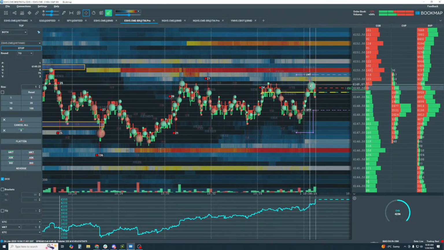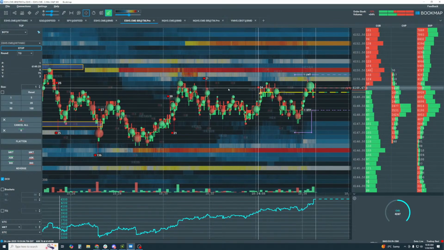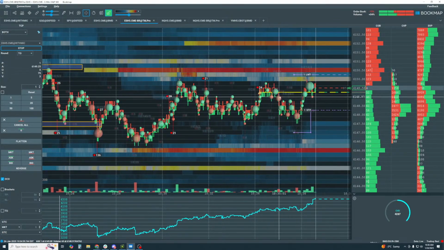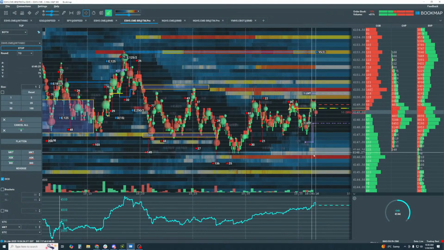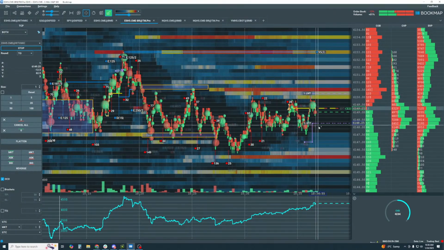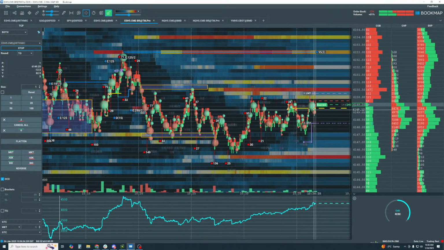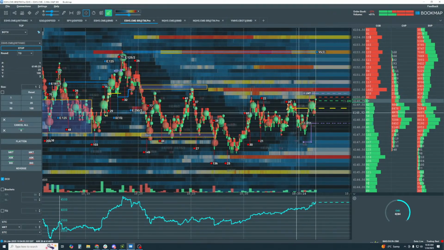See how it's auctioning up here, and it auctioned here before, right? That's why we're looking for the breakout. Now we might not get it. Might be another rotation down, and then maybe we get it, or maybe some big seller comes in here and slams on it.